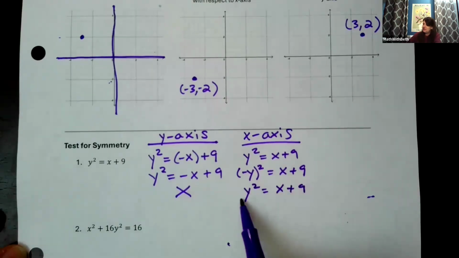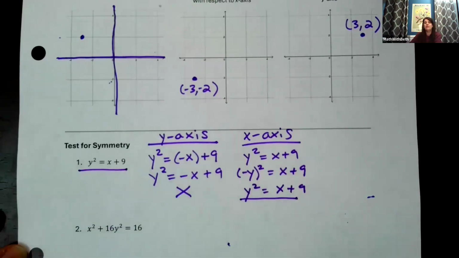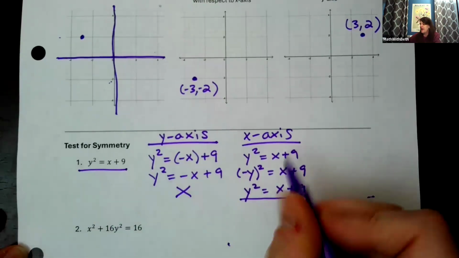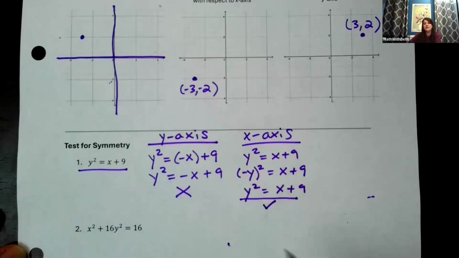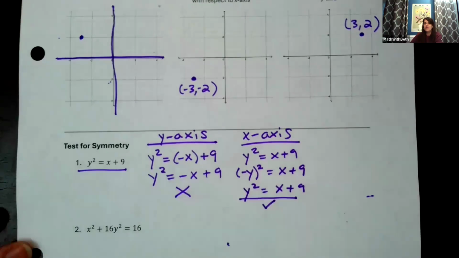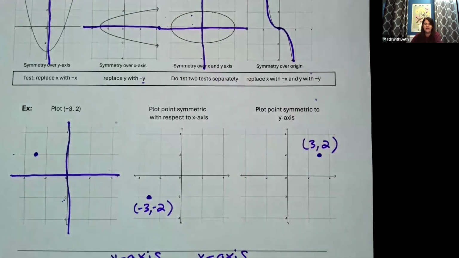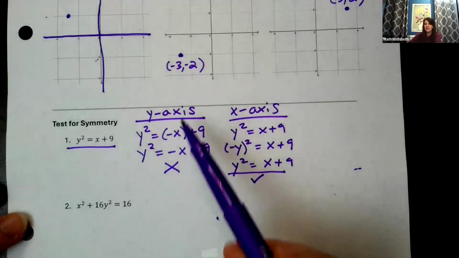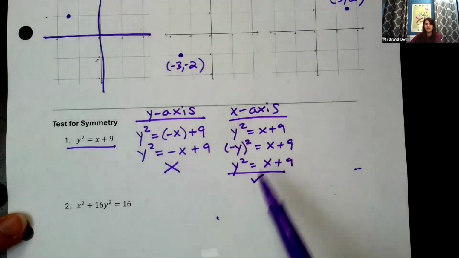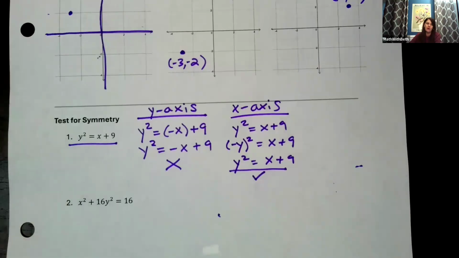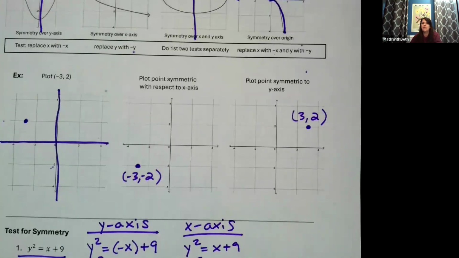Now do you see this looks exactly the way it started? So yes, it does have symmetry in regards to the x-axis. For both, I don't need to do anything again. It definitely does not have symmetry over both because it worked for one and not the other. So far, it is only symmetric in regards to the x-axis.